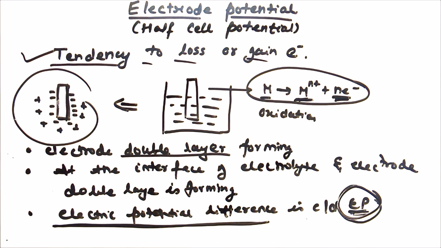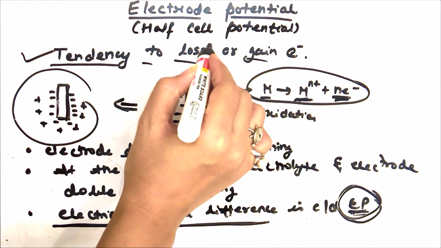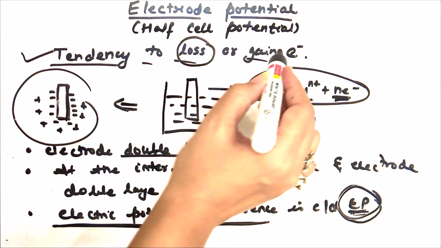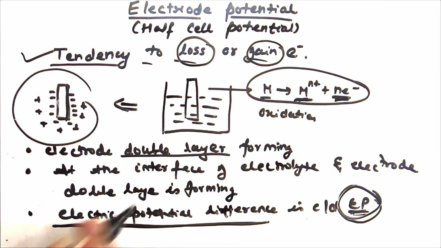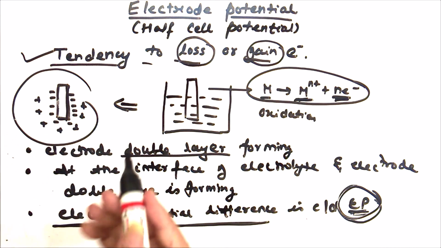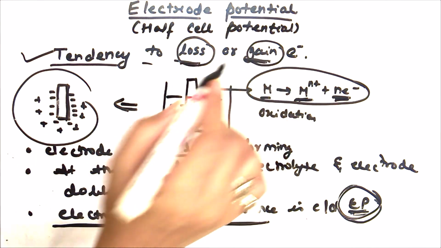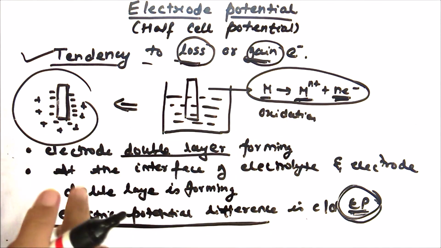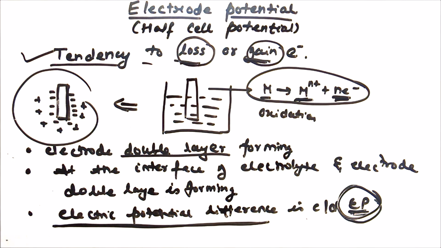So let's look at the types of potential. Here, students, you can see that there are two tendencies. First, it can lose or it can gain. So electrode potential will also be of two types, because an electrode can lose or gain electrons. Therefore its types will also be of two kinds, right?